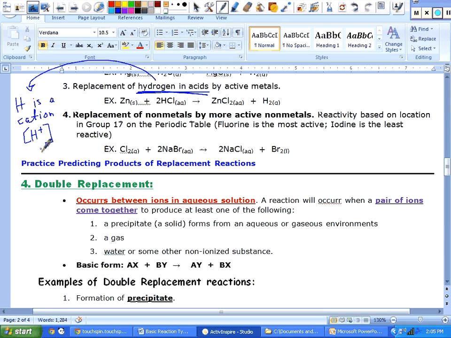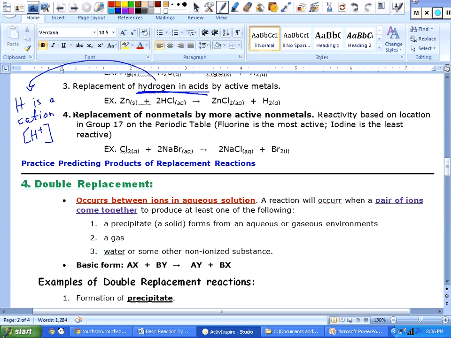So, H is going to be tried to be replaced by who? By a metal in this case. So let's look at what happens. Zinc metal is mixed with hydrochloric acid. What should happen to that piece of zinc in an acid? It should be dissolved, right? So that's exactly what happened. If we have enough time, we'll show you a little demo.